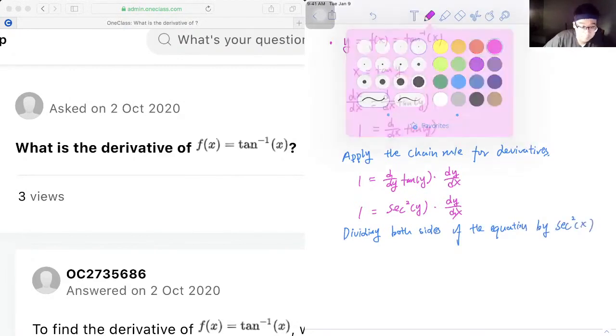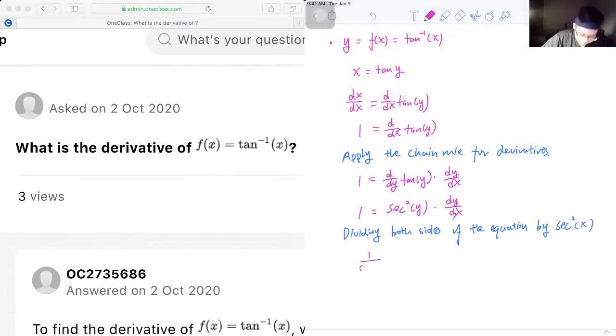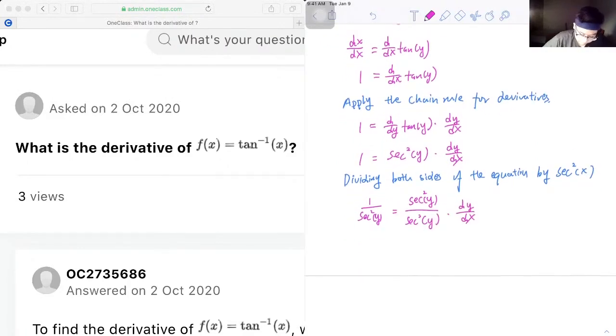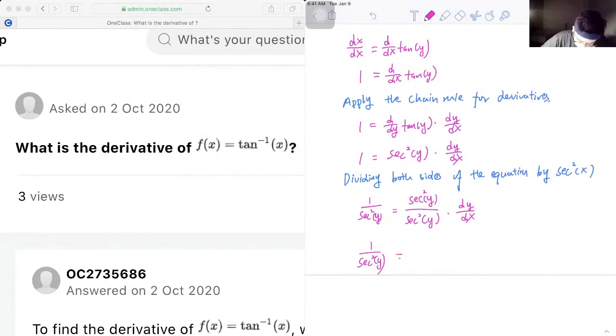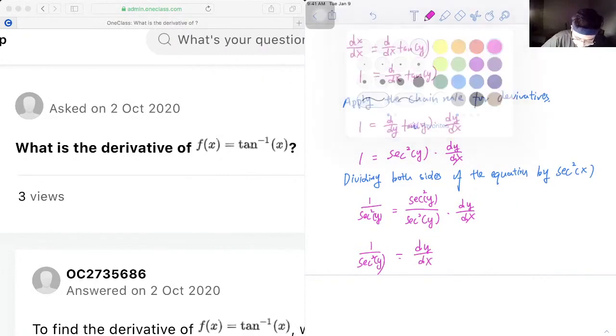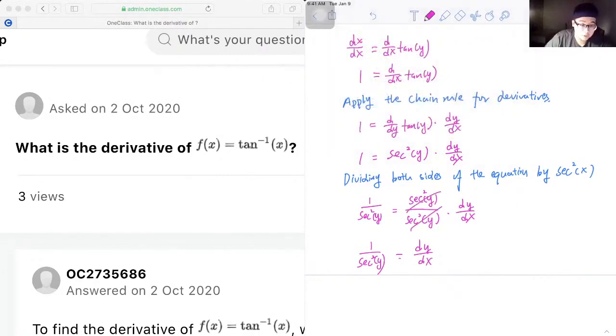So we will have 1 over secant y squared equal to secant y squared over secant y squared times dy/dx. So we have 1 over secant y squared is equal to dy/dx, since this part just cancelled out with each other.